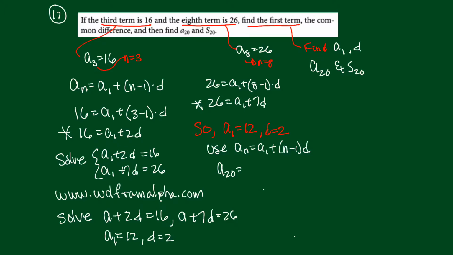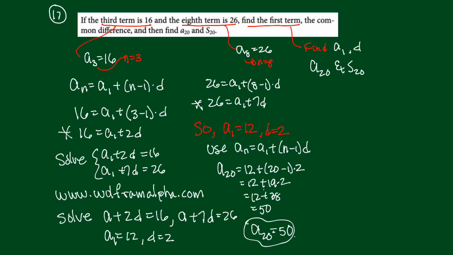I just found a1, that's 12, plus 20 minus 1 times d, which we found to be 2. So what do we get? 12 plus 19 times 2. 12 plus 38 looks like 50. So a sub 20 is 50.